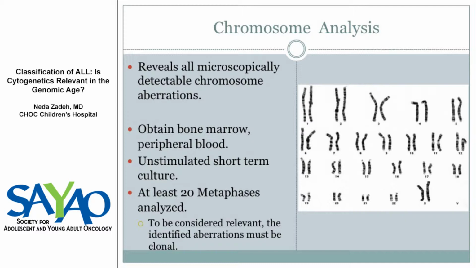They're much lower resolution, and often deletions or duplications could be 10 megabases or larger prior to being detected by conventional cytogenetics. The sample that we usually obtain for this is bone marrow or blood that is set up in an unstimulated culture with at least 20 metaphases analyzed, and to be considered relevant, aberrations must be clonal.